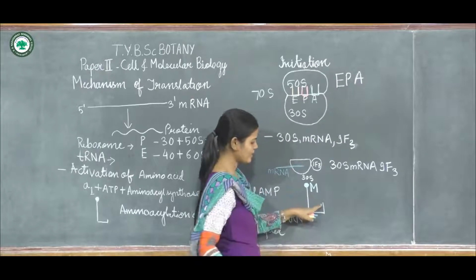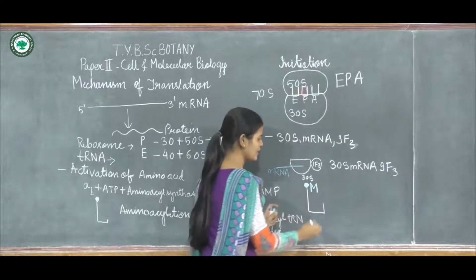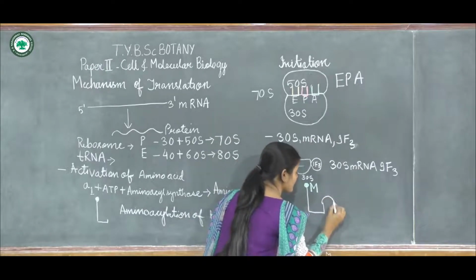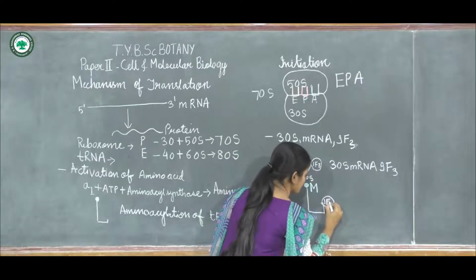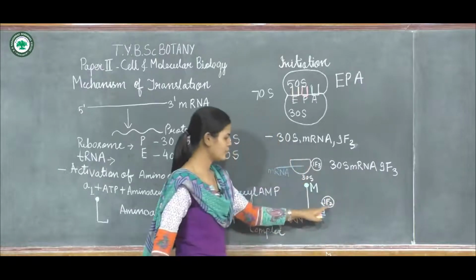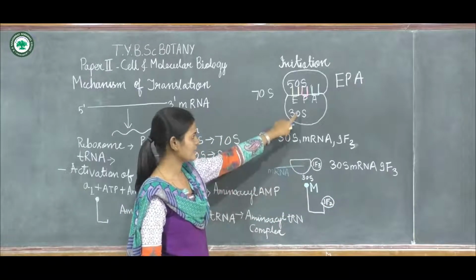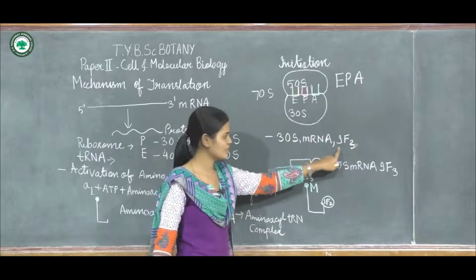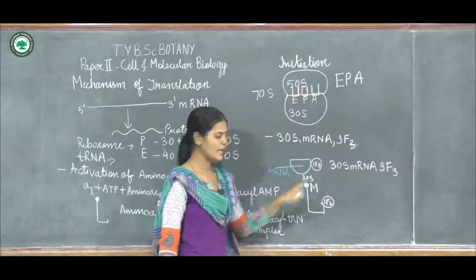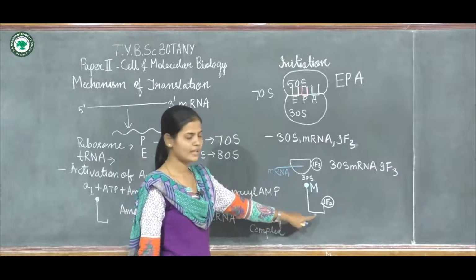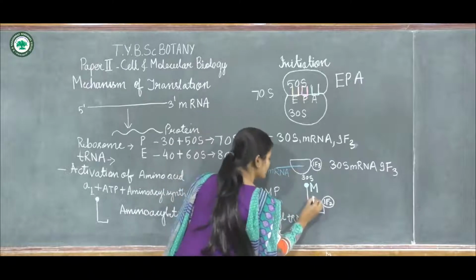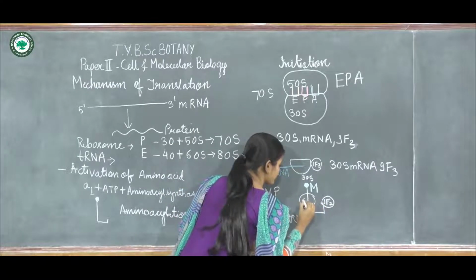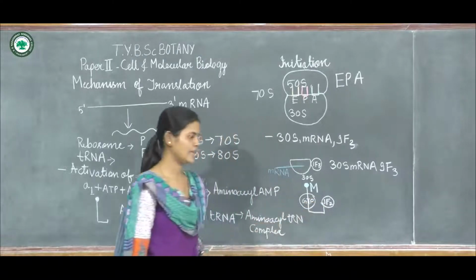And one more initiation factor will be attached to this initiator tRNA, that is IF2. Initiation factor 2 is binding with one GTP. So GTP is attached to the initiator tRNA.